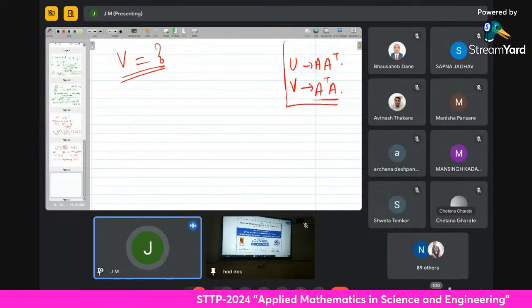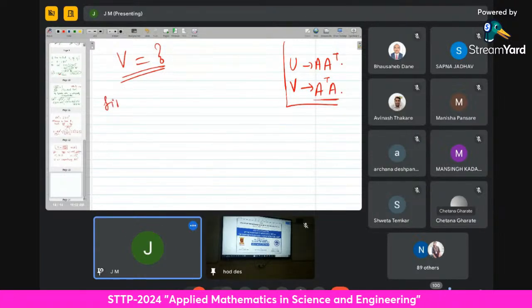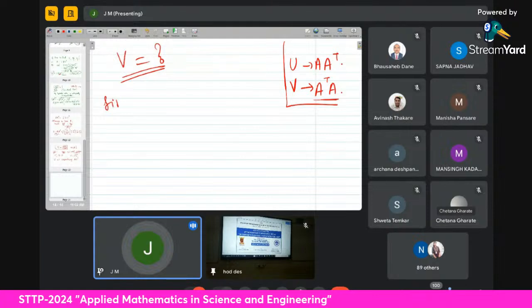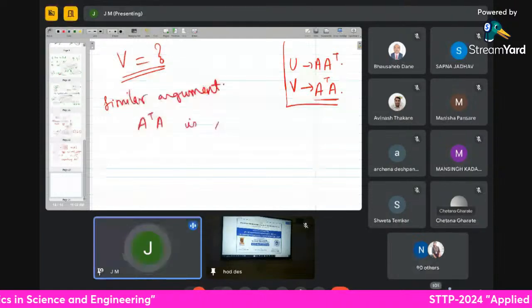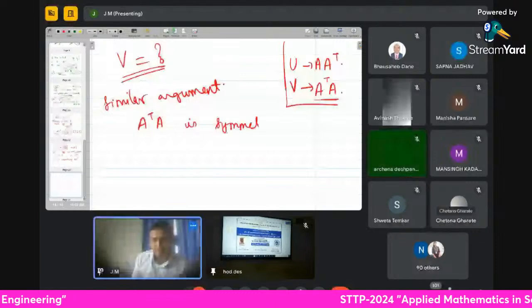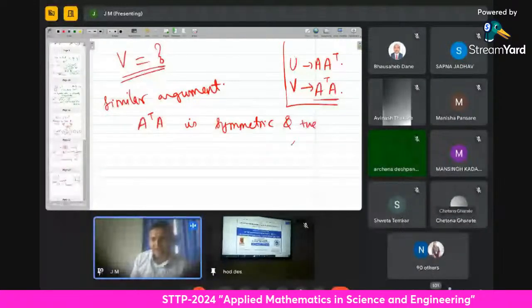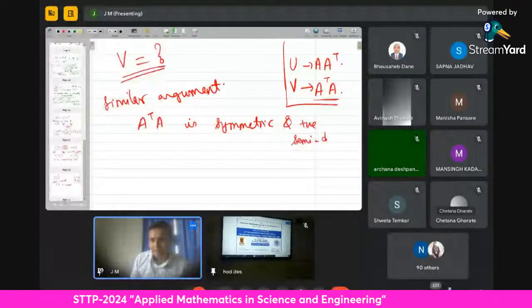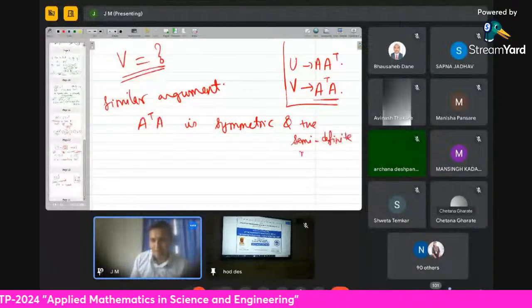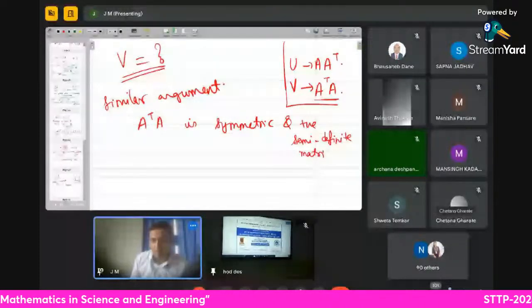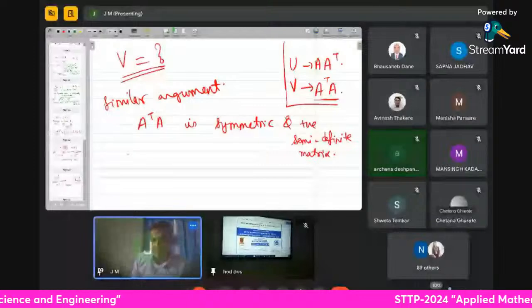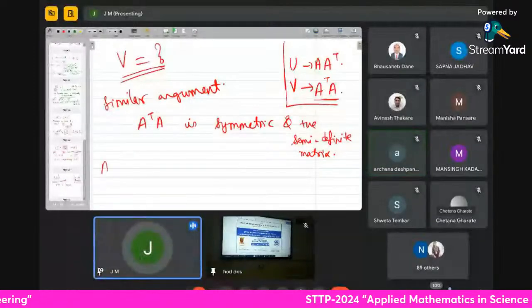we take help of A transpose into A. And by a similar argument, my A transpose A is symmetric and positive semi-definite. Let me actually find out for you.